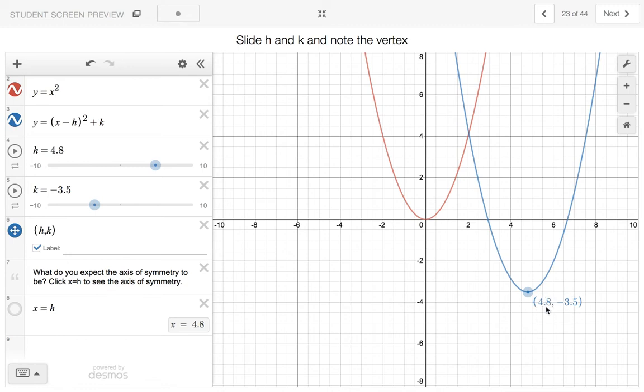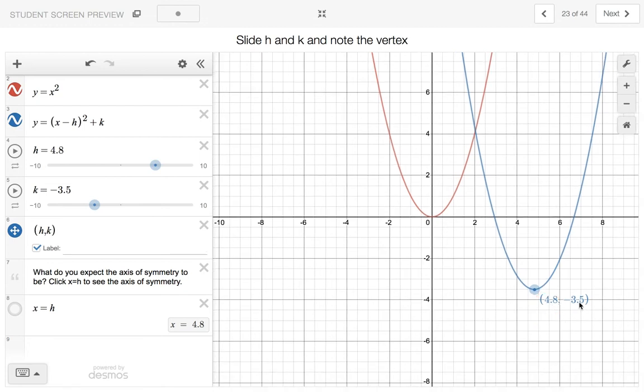I notice that whatever the h is, that's the x value of my vertex. Whatever the k is, that's my y value. So the h value of 4.8 is the x value in our vertex. Our k value of negative 3.5 is our y value in our vertex.